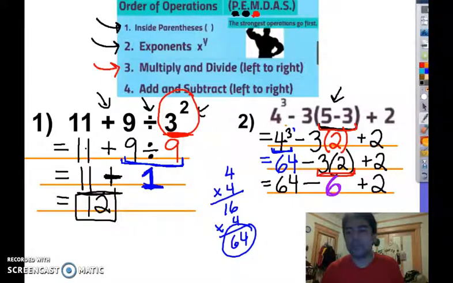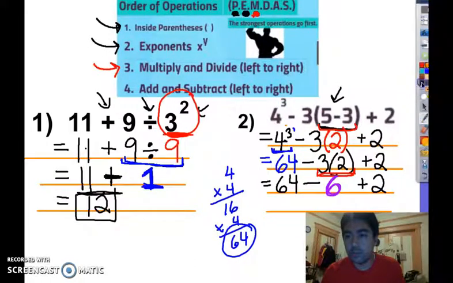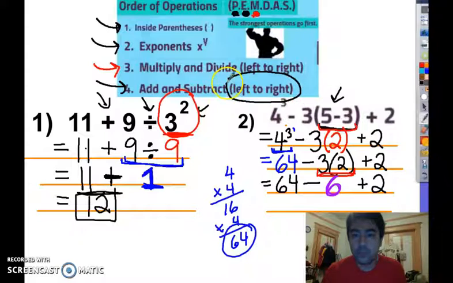Okay, now we are almost there. Now I'm going to look at my order of operations again, and I'm going to ask myself, in step 4, do I see any addition or subtraction? Yes, I see addition and subtraction, but I have to remember the rule: start from the left and go to the right.